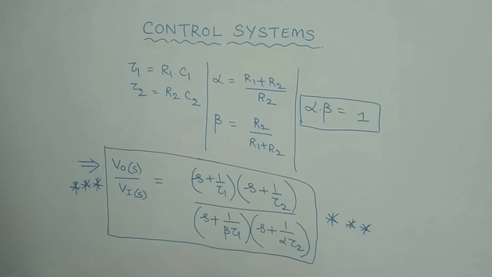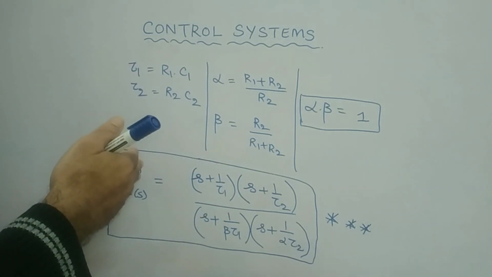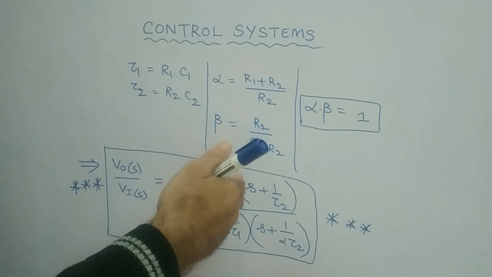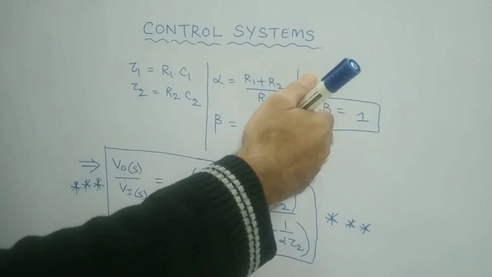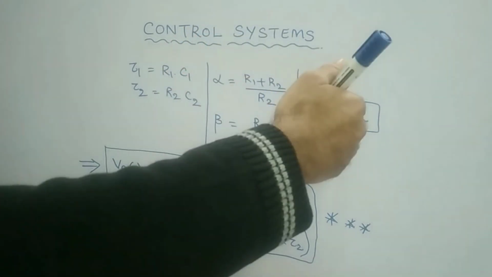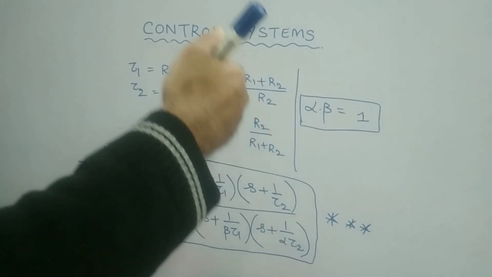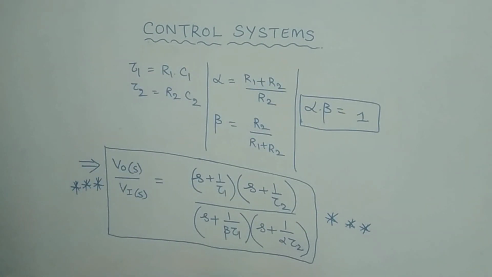So we will finish this presentation here, and in the next presentation we will see the comparison of these three. What is a phase lead network? What is a phase lag network? And what is a lead lag or lag lead network? What are the basic important differences between these three, we can see in the subsequent presentation.